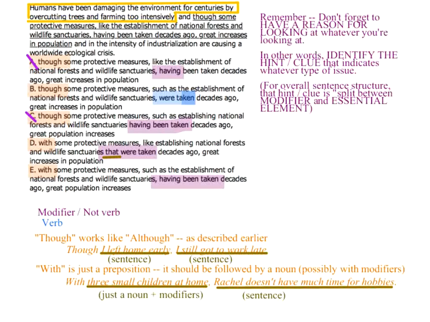D, with blah blah blah, okay, that works. E, with blah blah modifiers, that also works. But A and C are not sentences in this problem. Again, that's the essential element for today.